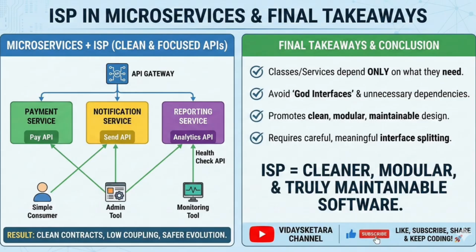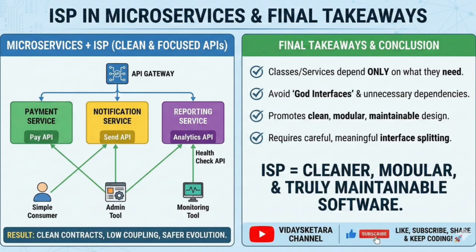So that brings us to the end of this powerful session on the interface segregation principle. We learned what ISP is, why it is important, where it is used, how it works in real-world systems, practical examples, advantages, disadvantages, and how it helps us build reliable and professional software.